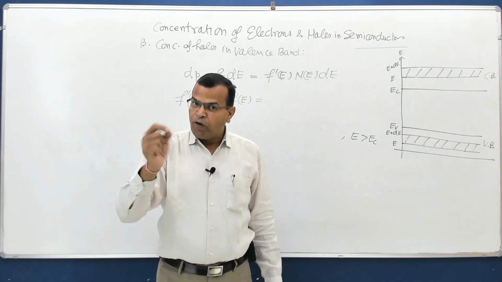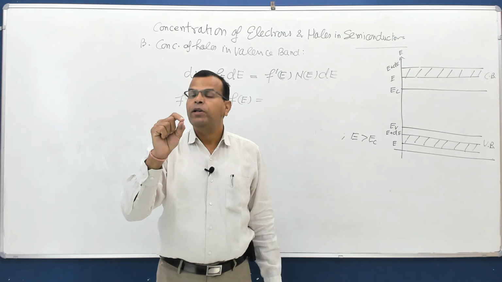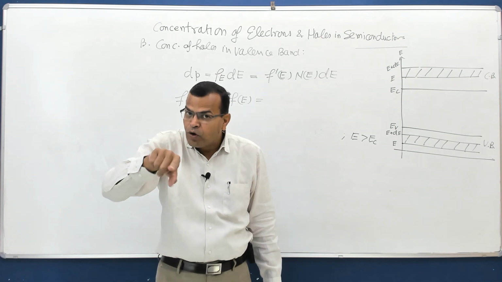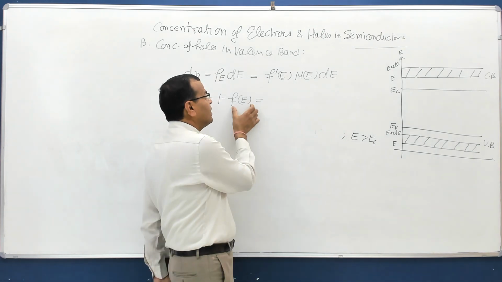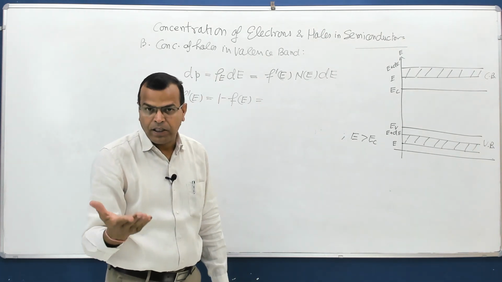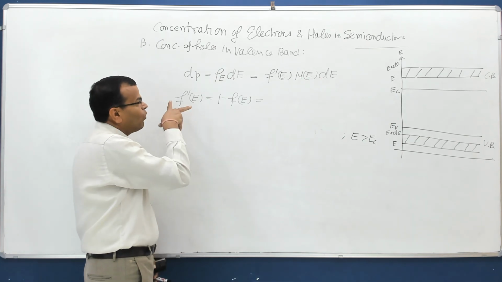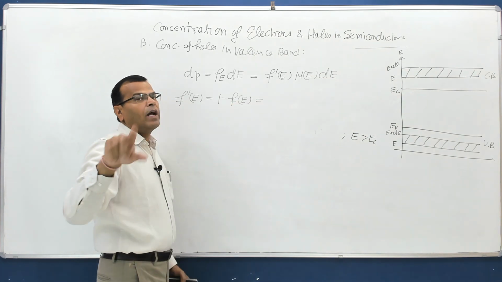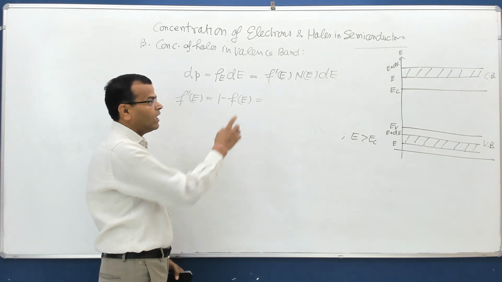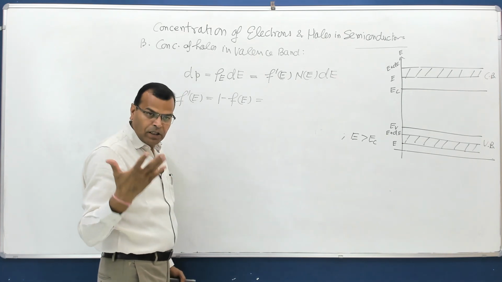The probability of occupying an energy state by an electron is Fe, so the probability of not occupying it is 1 minus Fe as per probability theory.